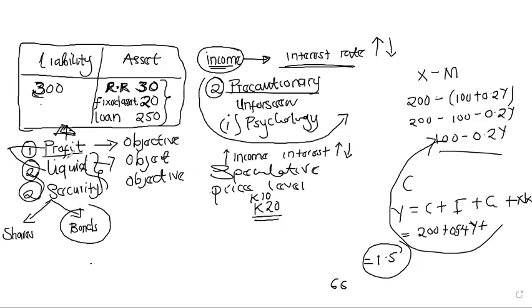But as they're loaning out all the money, there is the aspect of liquidity that they are foregoing. And as they might be wanting to be more liquid, they also have the aspect of securities which they need, so that in case anything runs out, they can always call out their shares or call off their bond and earn that money. Okay, so these are the three conflicting objectives of the bank.